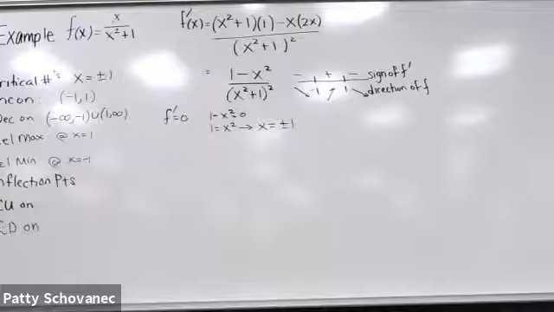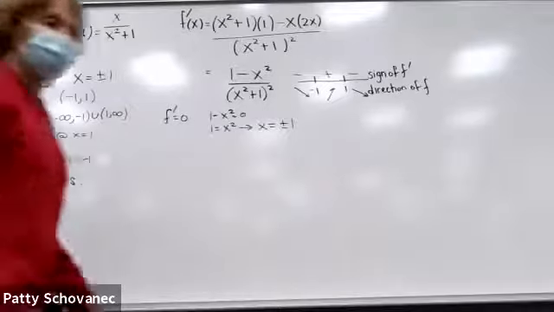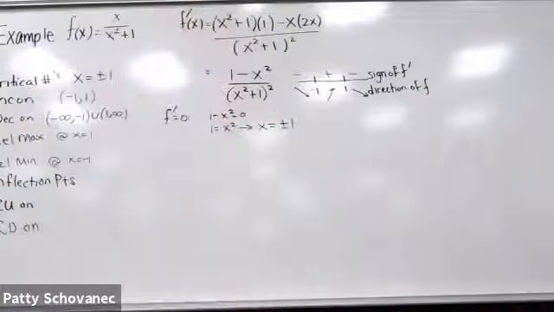We're going to take the second derivative using the quotient rule. I'll help you simplify it. Bottom times derivative of the top minus top times derivative of the bottom, over the bottom squared. And then I'll show you how to simplify.